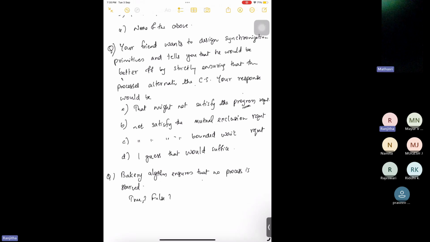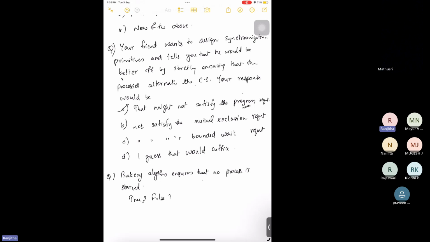If strictly ensuring that the processes alternate between each other, then if there are two processes P1 and P2, and by any chance P2 arrives first, then P2 will not be able to proceed until P1 executes. So this doesn't meet the progress criteria, correct? So this might not satisfy the progress requirement.